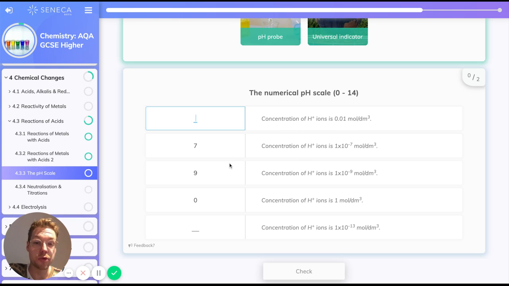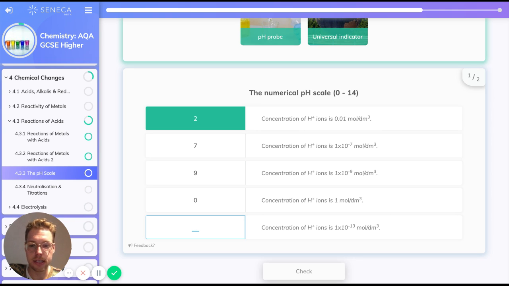So the concentration of H plus ions is what the pH scale measures. If we start at 1 mole per decimeter cubed, and go to 0.1, it's a pH of 1. 0.01 is a pH of 2. And if we go all the way to the other end of the spectrum, do people have an idea what 1 times 10 to the minus 13 mole per decimeter cubed would give as a pH?